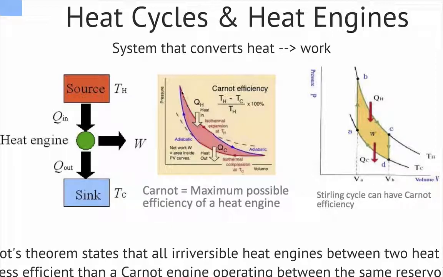As we know from our example of the refrigerator, this expansion means that you are drawing heat in from the surroundings. You're absorbing the heat, so you're cooling the surroundings, or cooling the chamber in the case of a refrigerator. And this happens at TH. It can be isothermal, it doesn't have to be. This is a specific example of an isothermal expansion, when the temperature of this fluid is the same.